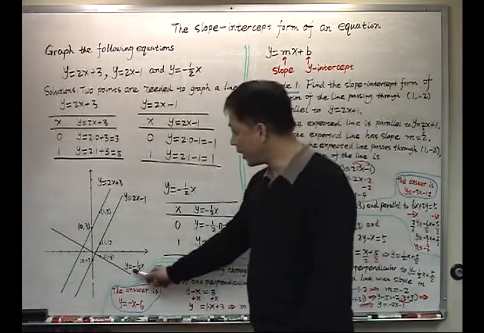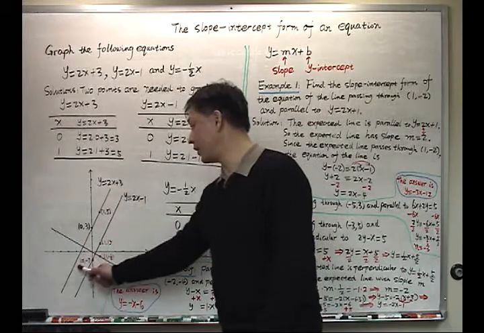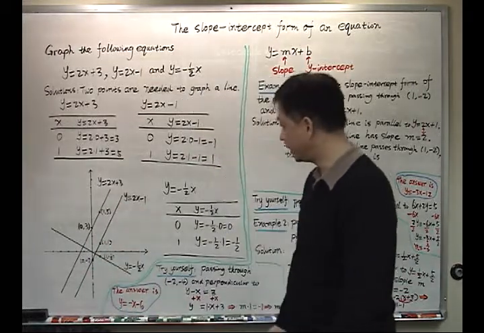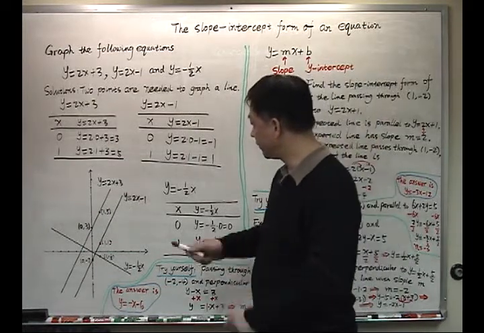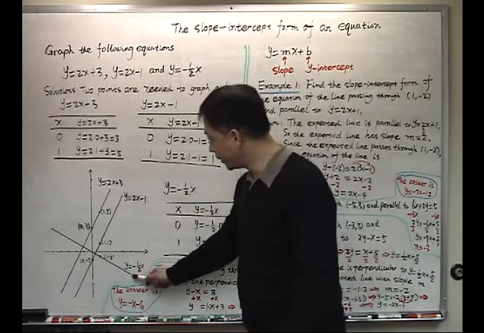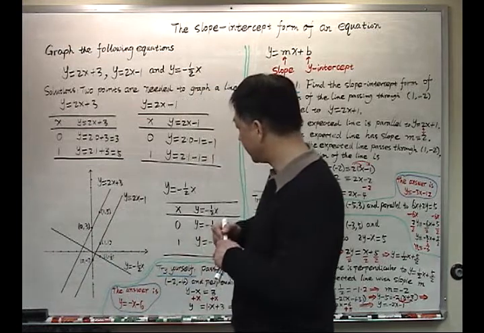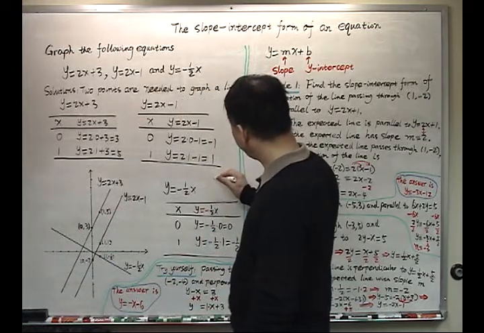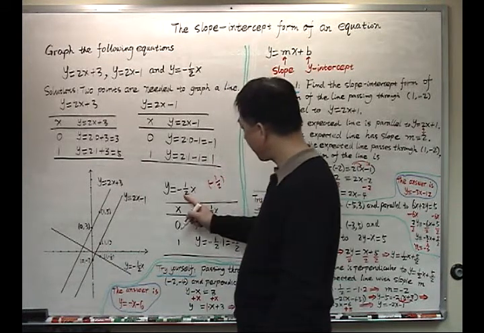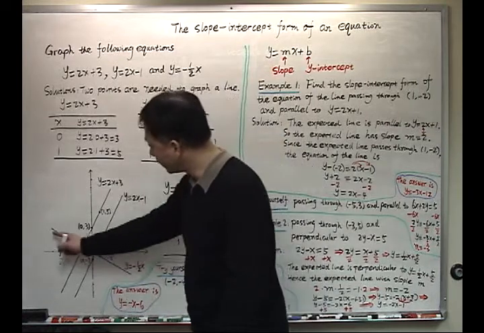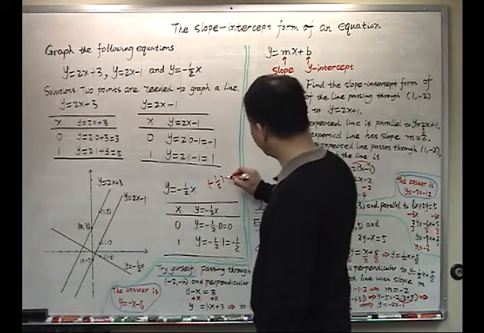You can see this line is perpendicular to those two lines right here. And also, these two lines are parallel to each other, so if you take -1/2, the slope of this line, times 2, the slope of the other lines, what do you get?